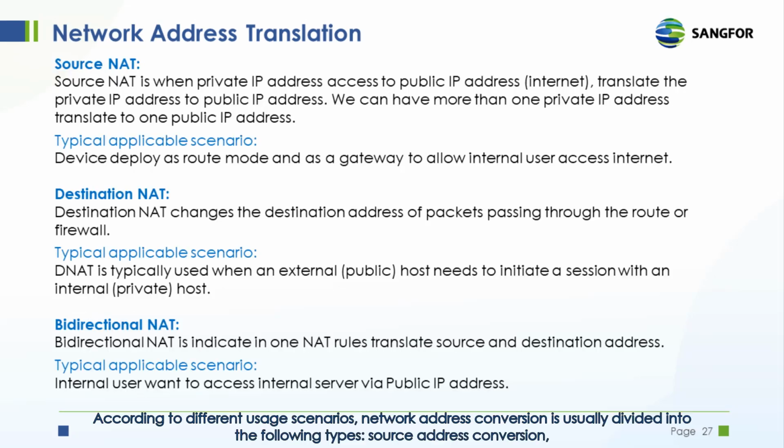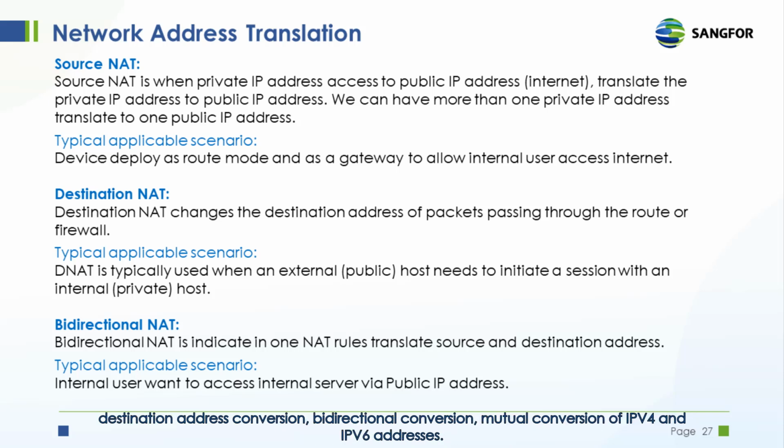According to different usage scenarios, network address translation is usually divided into the following types: source address translation, destination address translation, bidirectional translation, and mutual translation of IPv4 and IPv6 addresses.